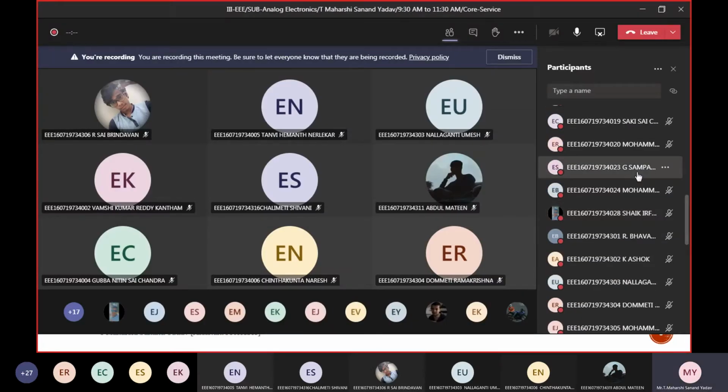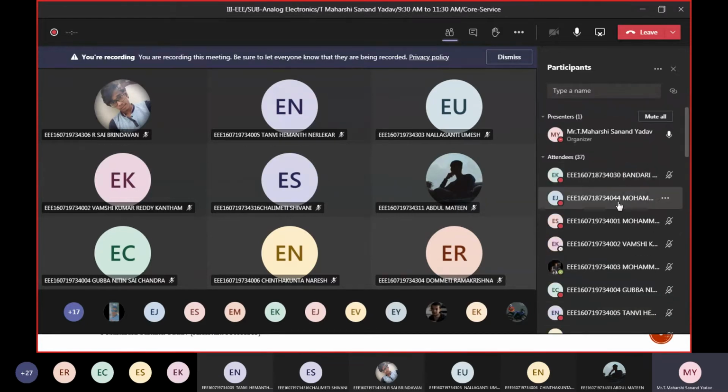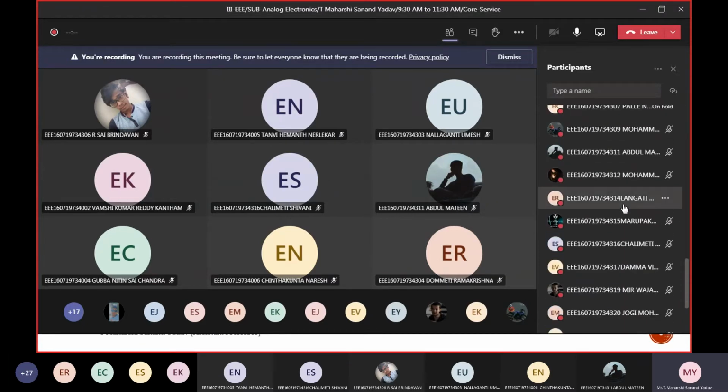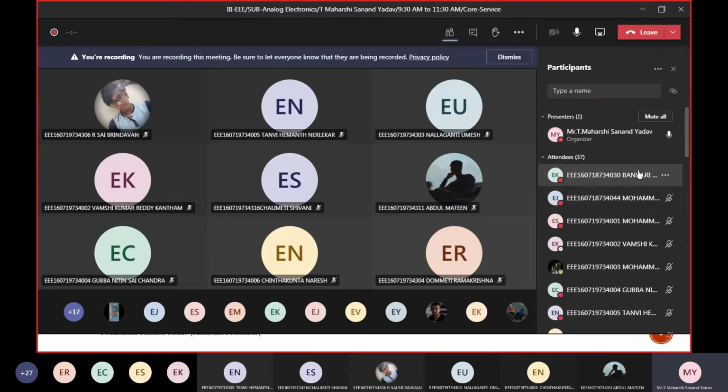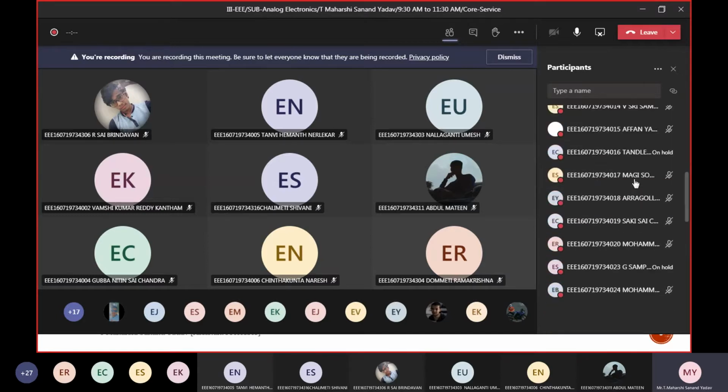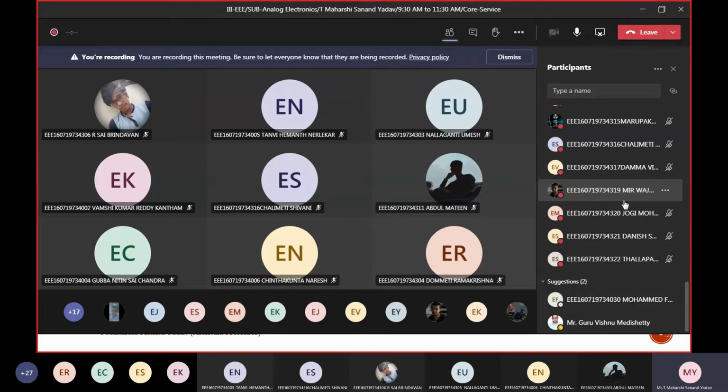Let me call a roll number. Roll number 23, Sampath. So I'll mark absent for him. Next roll number 301. Roll number 30. Uday Kiran. 322.